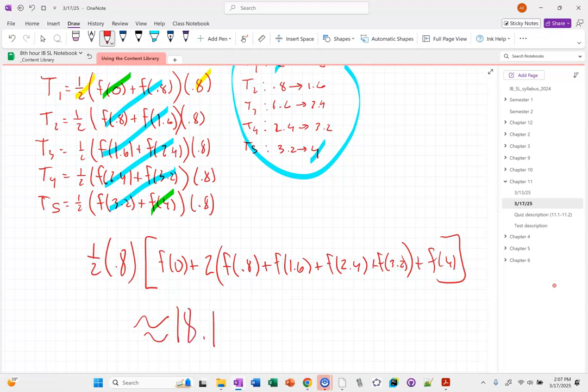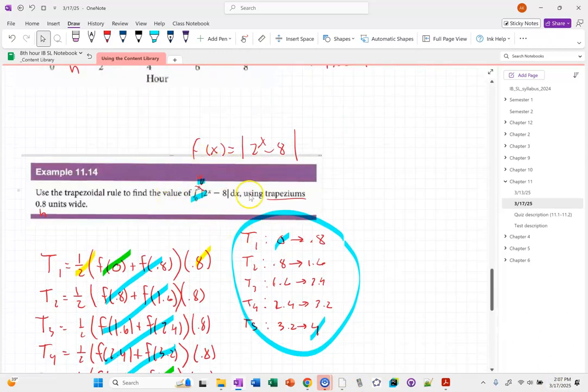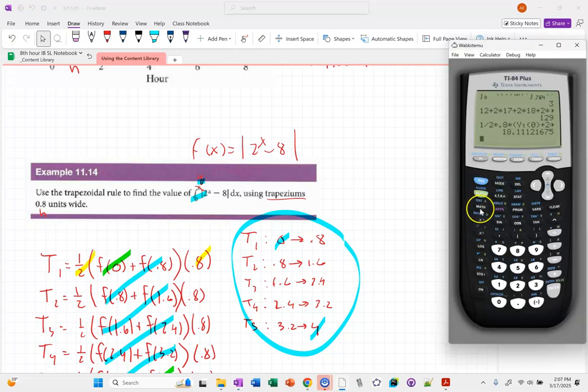And if I wanted to, I could find the exact value to compare, just to make sure I'm not bonkersly far off, right? Because I can just type this integral into my calculator and have it do it for me exactly. And again, I typed the function into y1, so I'm just going to use y1 rather than typing it in again.